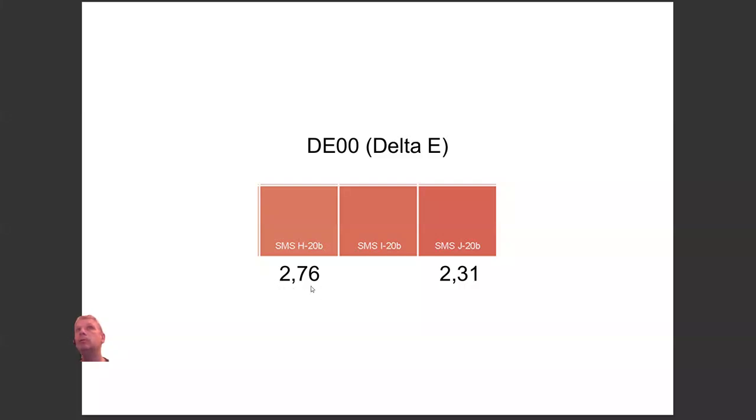So we would not accept a delta E of more than 3. So these differences that you see, maybe or maybe not on your screen, should be acceptable in most cases, although there are, of course, exceptions.